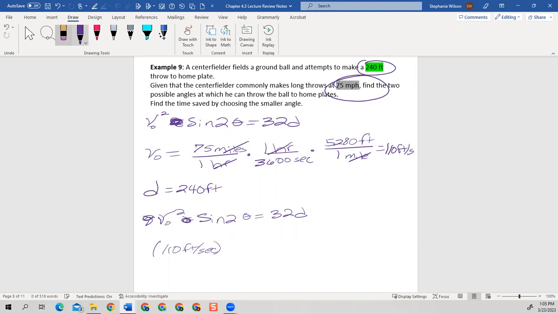Let's erase that equal sign. My apologies, guys. All right. And we're going to put in the place of d the 240 feet. All right, so far, so good. What I want to do is divide by this 110 feet per second to both sides.